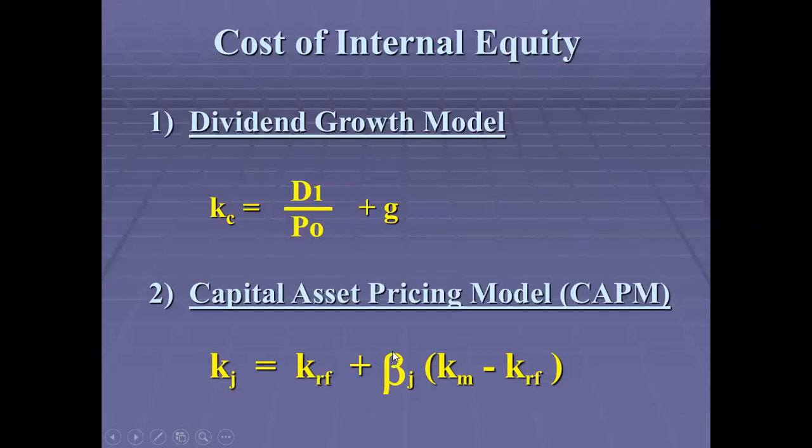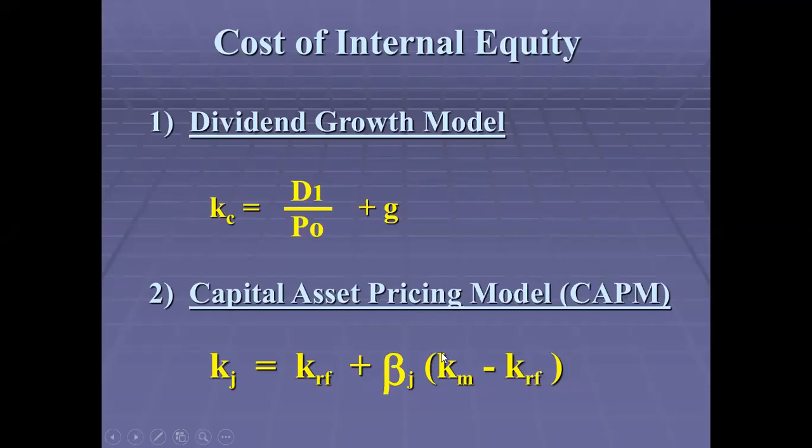And plus beta. You know beta. A beta of 1 is considered conservative, below 1 is less conservative, and higher than 1 is considered a risky stock.